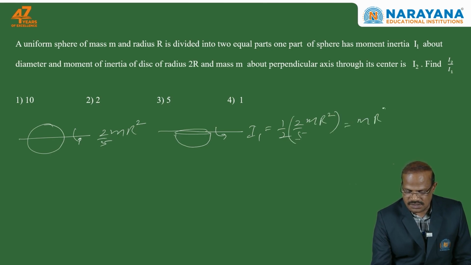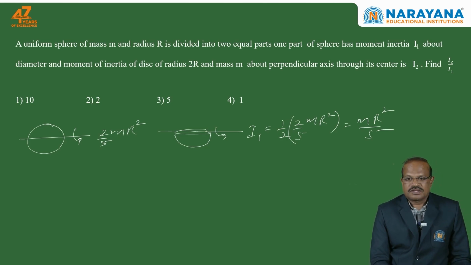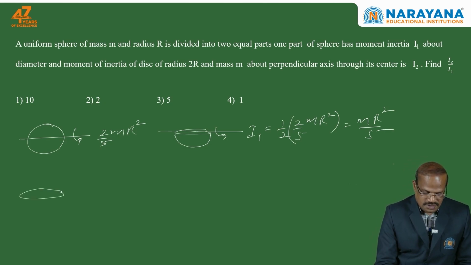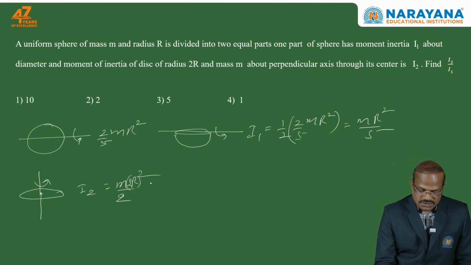This is m r square by 5. So if you come to the case of uniform disk, this is disk about this axis passing through center and perpendicular to its plane, its moment of inertia I2 is m r square by 2. Actually, in place of r, we have to write 2r because radius given is 2r. So this is 2m r square.